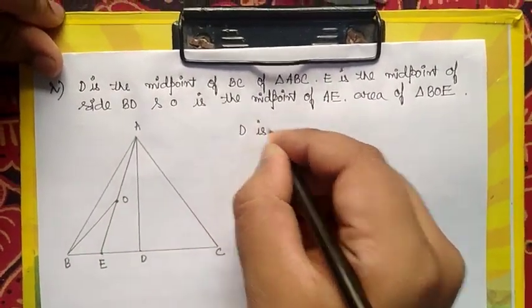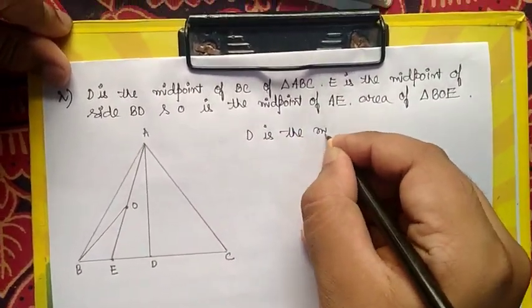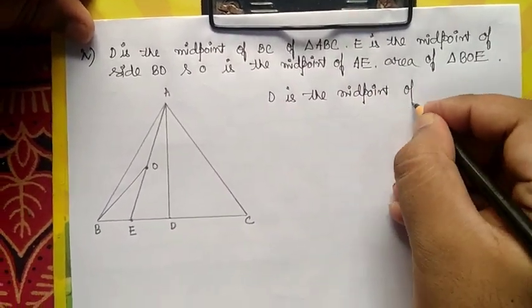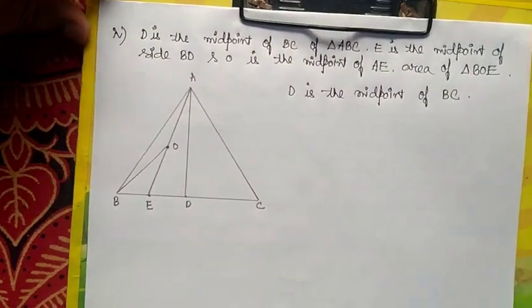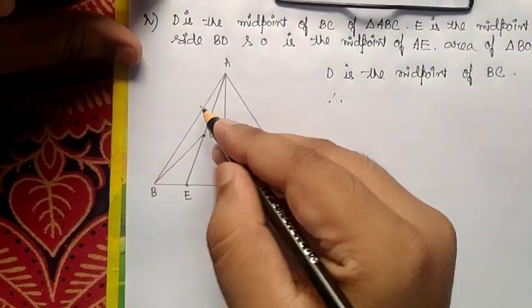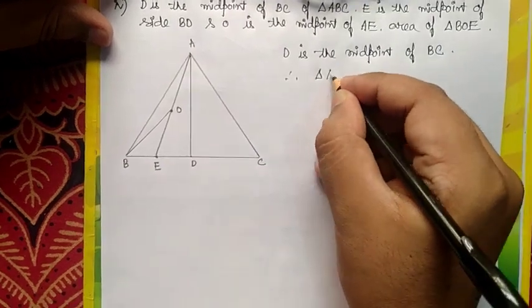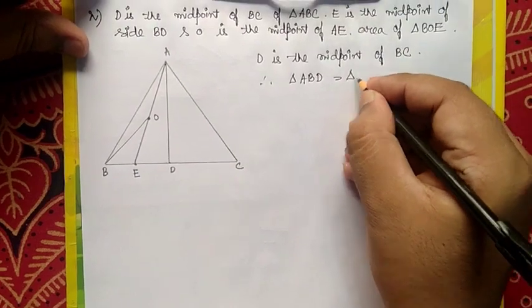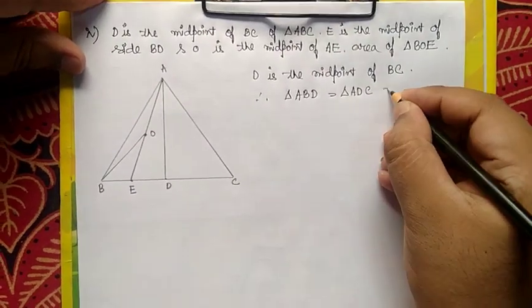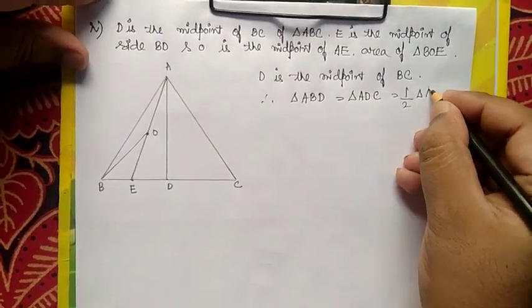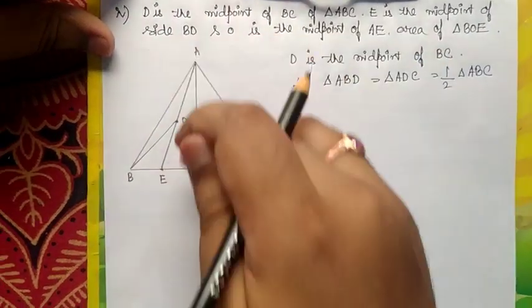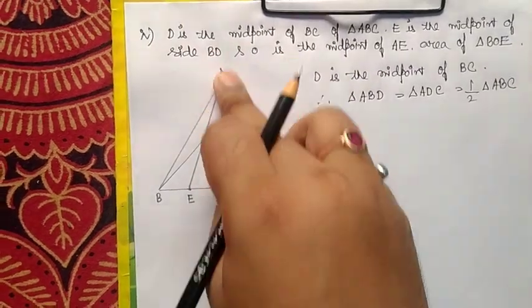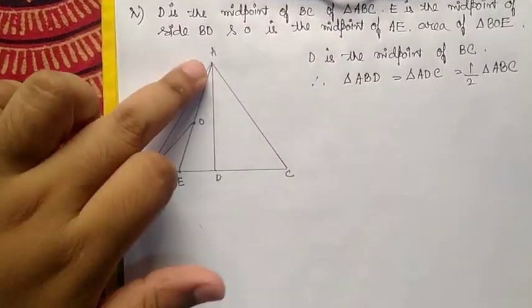Now D is the midpoint of BC. So we can say that triangle ABD equal to triangle ADC equal to half of triangle ABC, because AD is the median, D is the midpoint of BC, and from the opposite vertex A, if we draw a straight line, this should be the median.